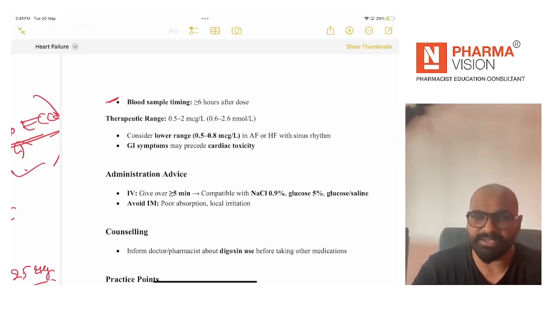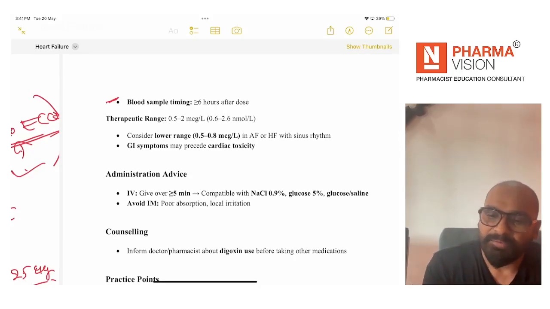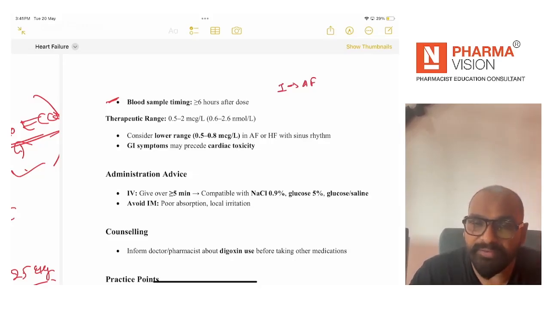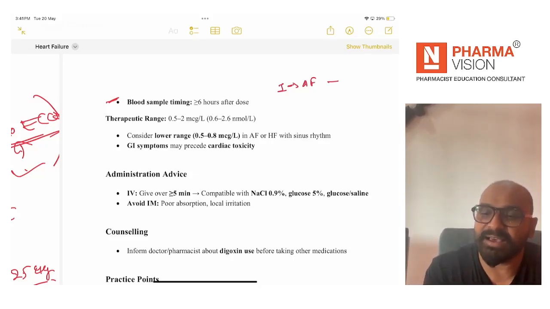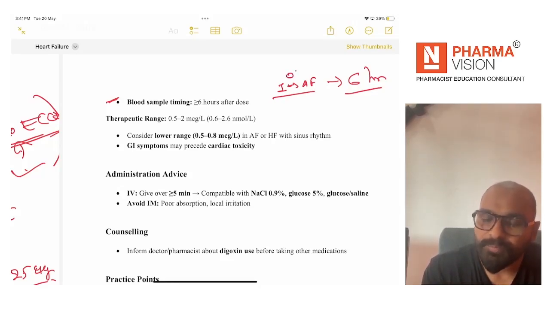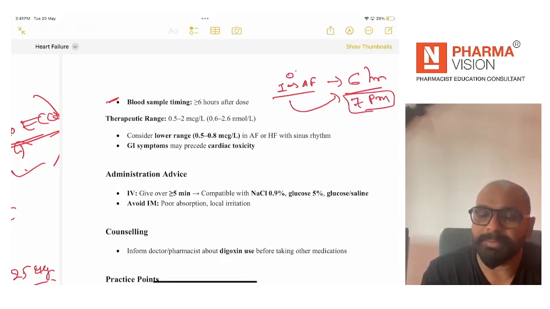Blood sample timings. What is the meaning? For example, if you have taken a medication at 1 o'clock in the afternoon, you have to wait at least 6 hours to get the sample. So 1 o'clock in the afternoon means at about 7 p.m. you can take the blood sample.